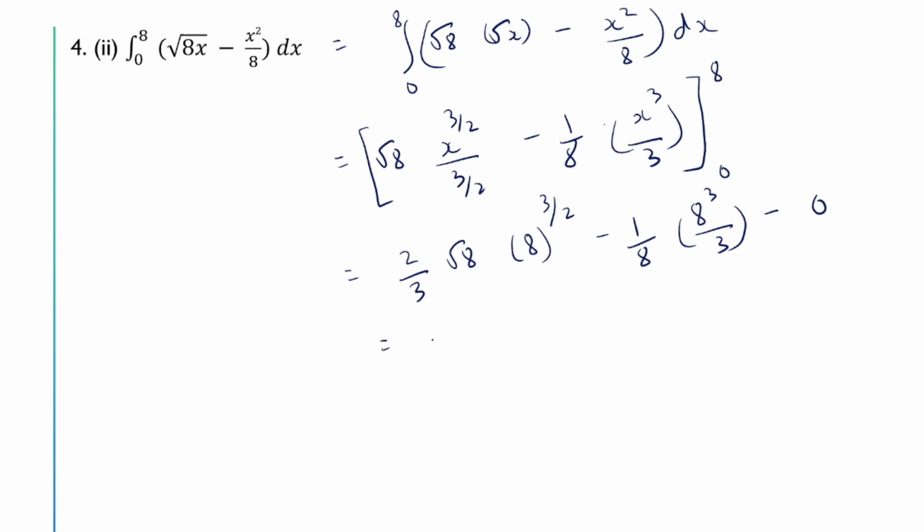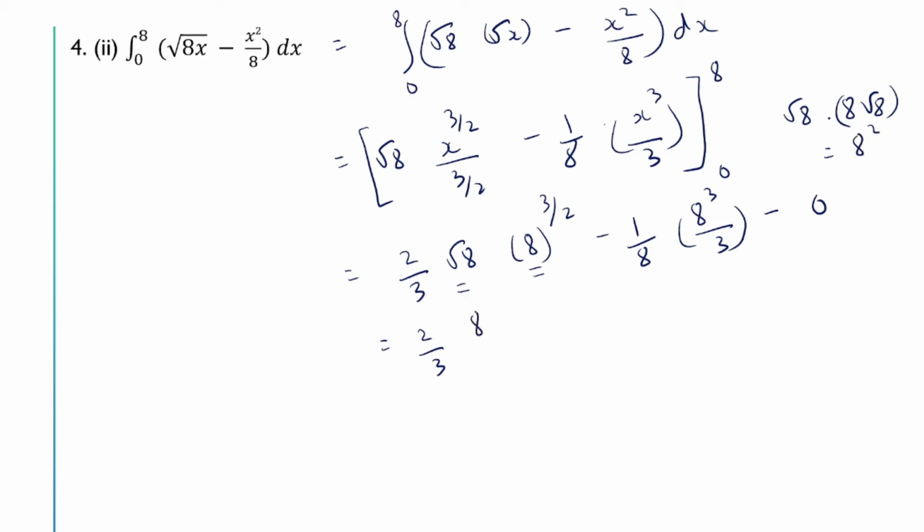So this is equal to 2 by 3 into, here root 8 into 8, the whole raised to 3 by 2, it is nothing but root 8 into 8 root 8. So it is 8 square.